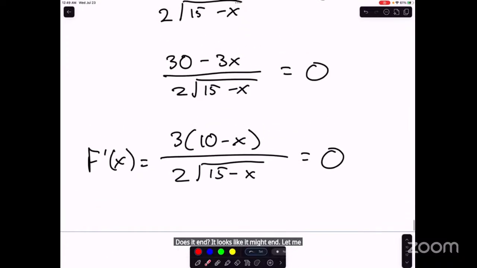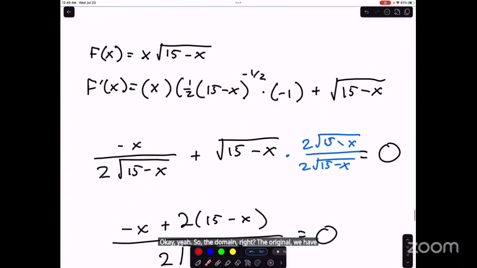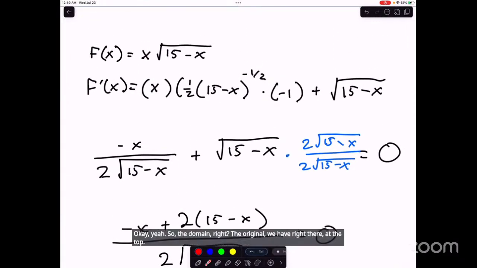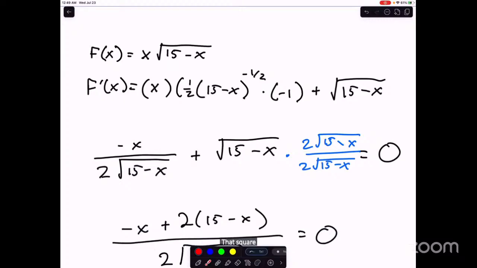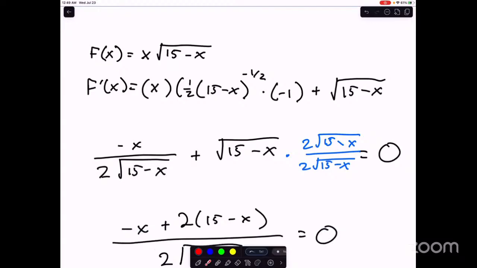Let me see the original. Okay, yeah. So the domain, right? The original we have right there at the top, that square root of 15 minus x. We can't take the square root of negatives. So that 15 minus x has to be greater than or equal to 0. So x has to be less than or equal to 15.